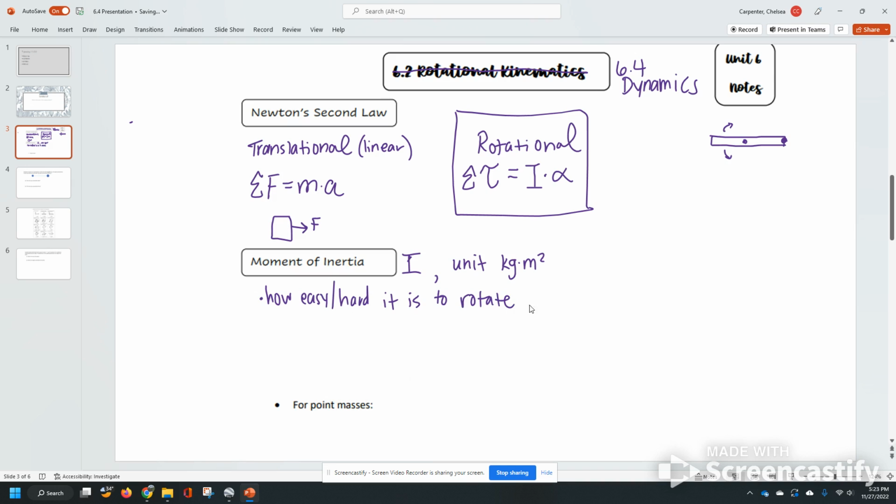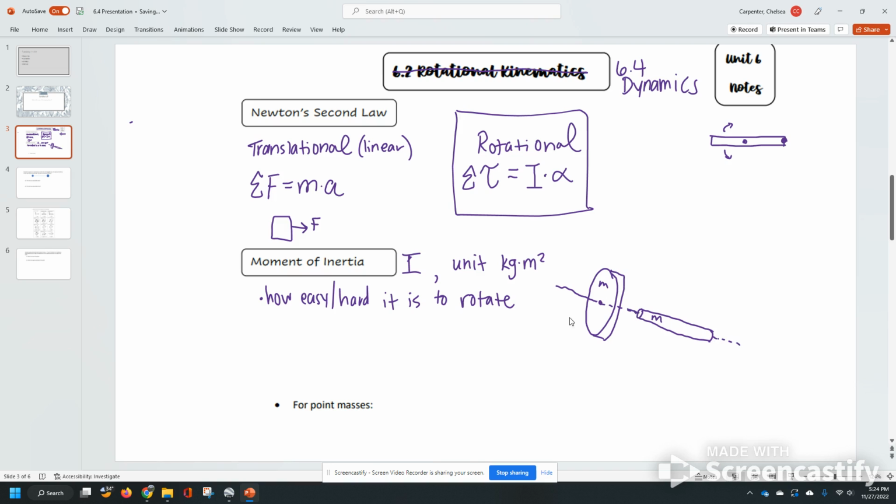For example, if you had a big wheel and you wanted to get it to rotate about this middle axis, versus a really, really thin object that was really, really long and had the same mass, rotating about this central axis.